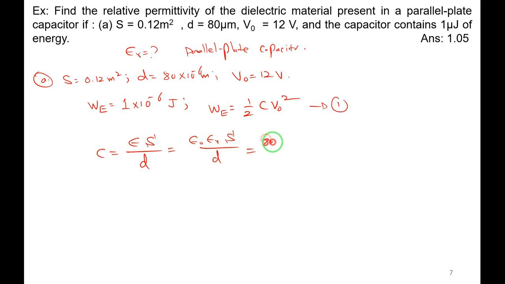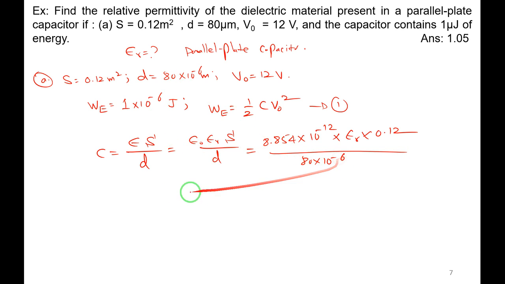What is epsilon naught? 8.854 into 10 power minus 12 into epsilon R, and what is surface area? 0.12. Then what is D? D is 80 into 10 power minus 6. So we will calculate this. C is equal to, so it will be in terms of epsilon R, whatever we calculate. 8.854 exponential minus 12 into 0.12 divided by 80 exponential minus 6.